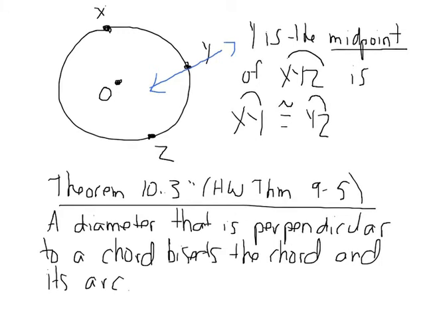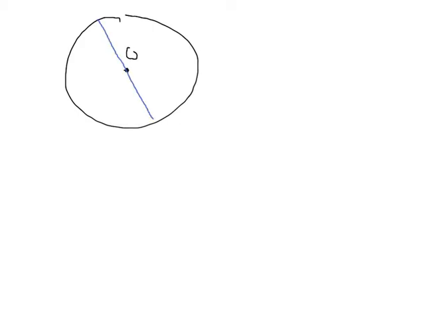Let's do a quick proof of that. So here's our circle, and here's the diameter, or a diameter, of that circle. And what we're going to do is draw a chord that is perpendicular to that diameter.